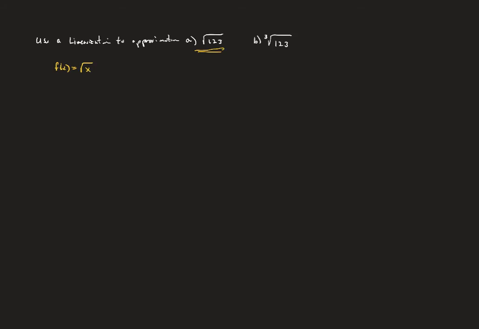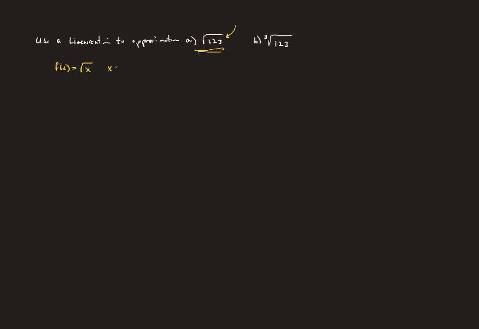Does that make sense? Then the next thing is, what point should we find the tangent line at if we want it to be fairly close to what we're trying to approximate, that square root of 123? And remember, we want to pick a number where the numbers that we are going to evaluate we can do without a calculator. So we're looking now for a value of x whose square root comes out nice and even and is close to 123.